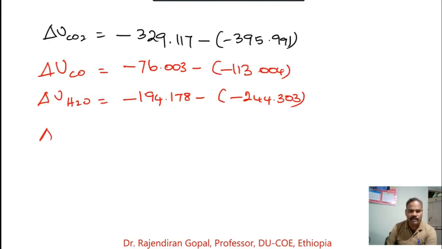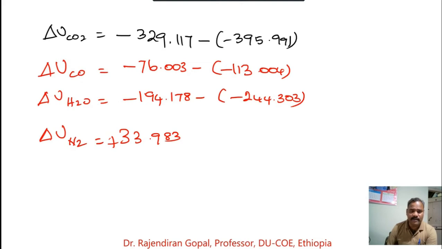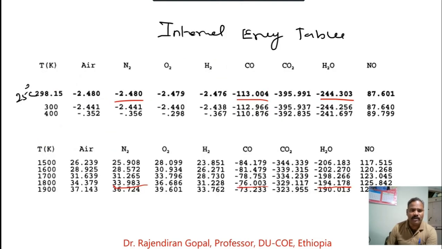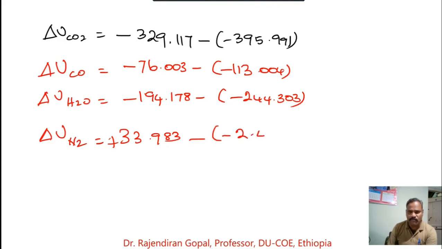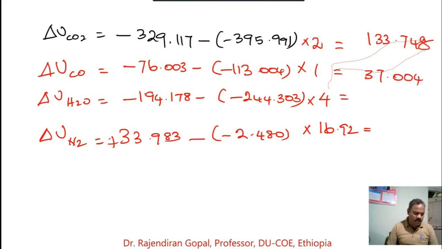Then N2: 33.983 minus 2.480. Multiplying CO2 by its 2 moles, CO by 1 mole, H2O by 4 moles, and N2 by 16.92, we can get delta U of CO2 as 133.748, for CO 37.004, H2O 200.5, and N2 616.953.